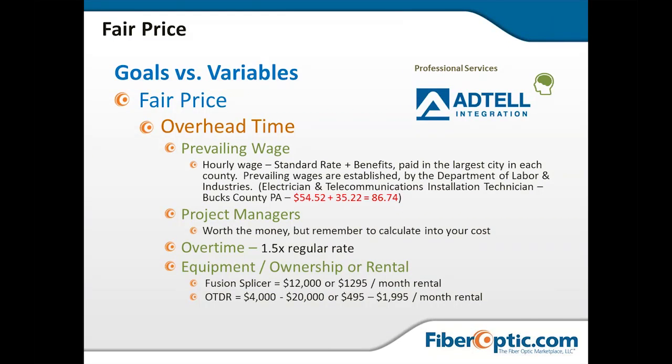Other thing is people buy equipment: fusion splicers, OTDRs. They'll calculate the cost of that equipment into the equation, and a lot of times what we find is customers look at a price depending on what equipment they're using. Is it a new Fujikura 70S, or is it a 40S from 10 to 12 years ago?